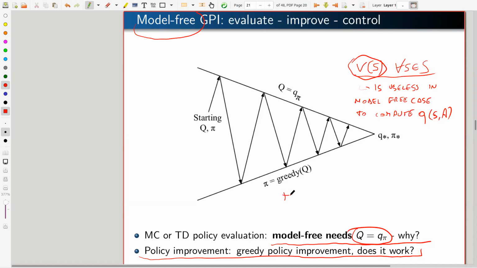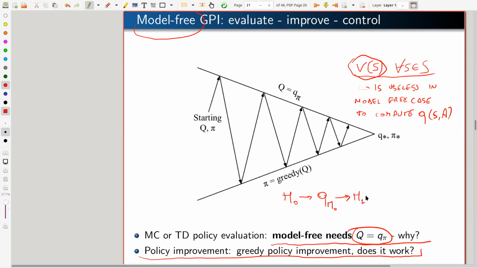Remember, you start from a policy, Pi0. This is the initial policy, let's say the random policy. You evaluate this policy, you obtain the value, and I told you this is the Q value, okay? And now you use this value to produce a new policy.